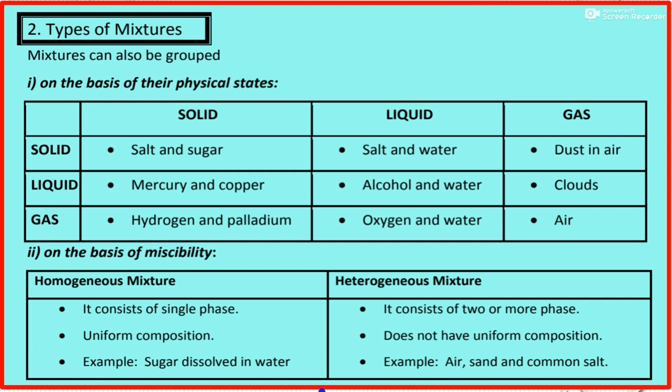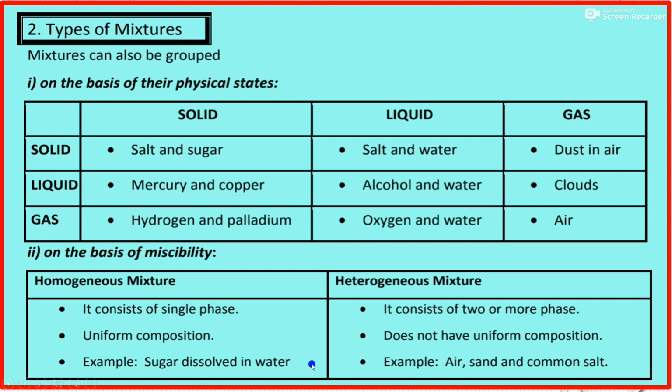When we mix two or more components and the ratio of all the components is the same everywhere, at any point of the mixture, then that is called uniform composition. Means in every part of the mixture you will find the ratio same.